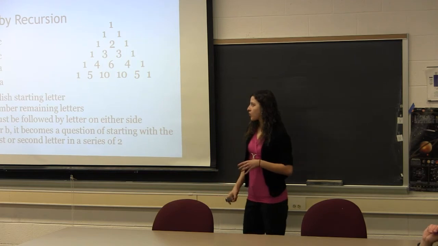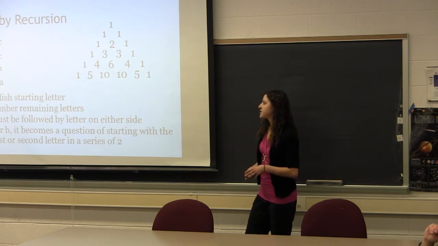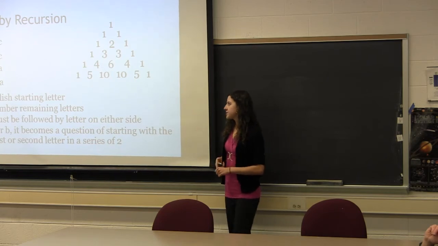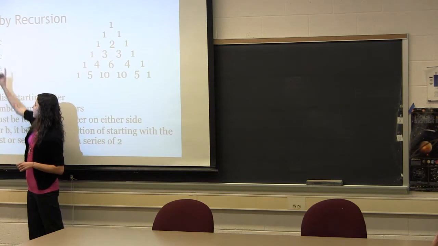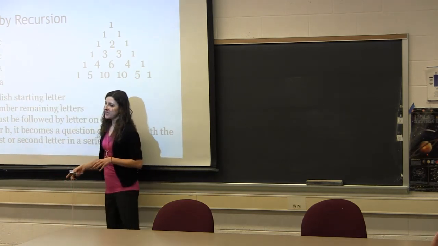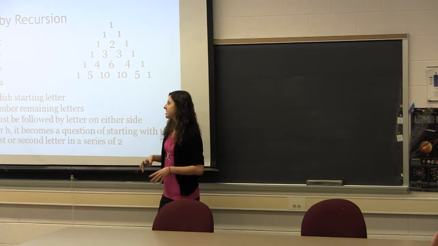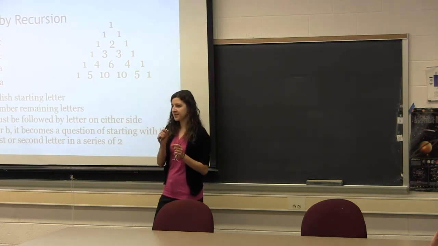And once you establish your starting letters, you can move into a two-letter problem. So instead of looking at all 3, now we're only considering 2 letters. So we can renumber these letters. You can say that the A is 1 and the C is 2. So now it's a question of how many ways can you arrange 2 letters without any insertions instead of 3. And you can think of it as the B and the A becoming fused together.